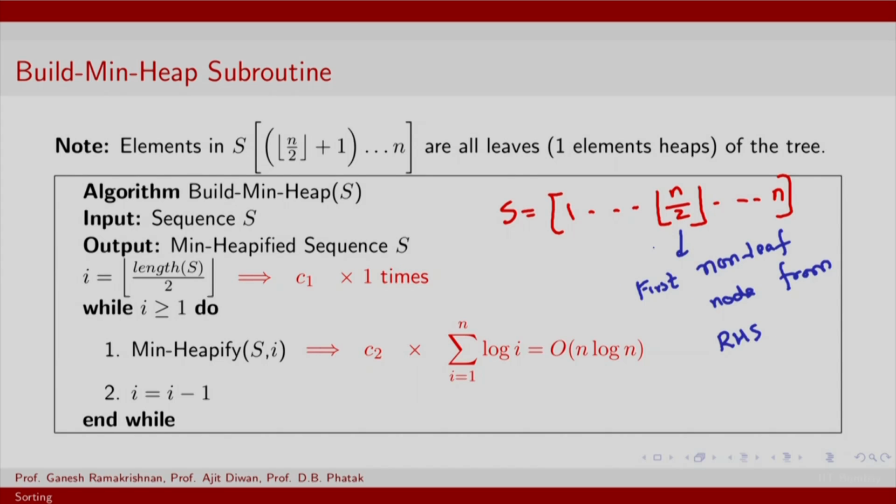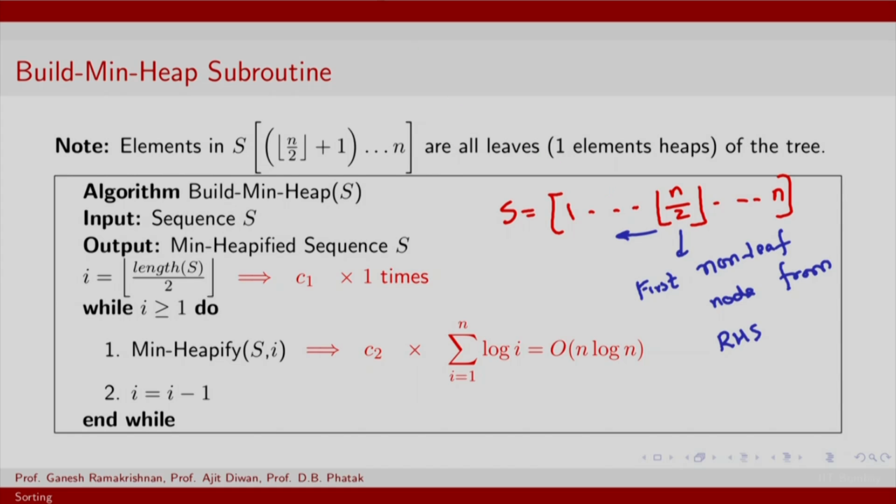So you scan this array from n by 2 floor from this index, and till you find the left hand wall or end of the array, you invoke min heapify on the sub array rooted at that element spanning until the end of the array.